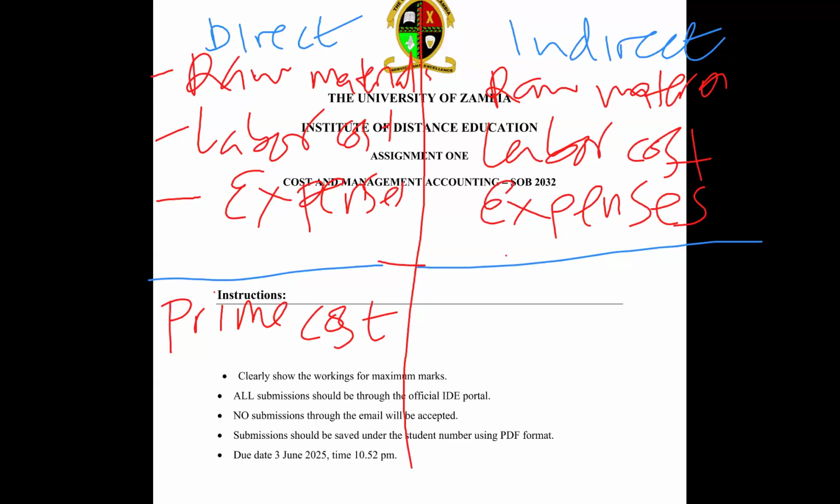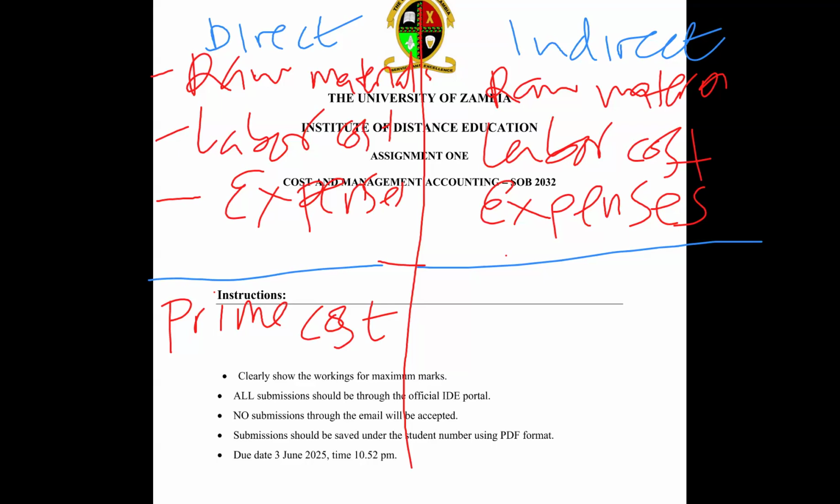So now, what could be an example of direct labor? I'm emphasizing this point. Our work that we do as a company is to teach and train. Those are lecturers or teachers, you may call them.